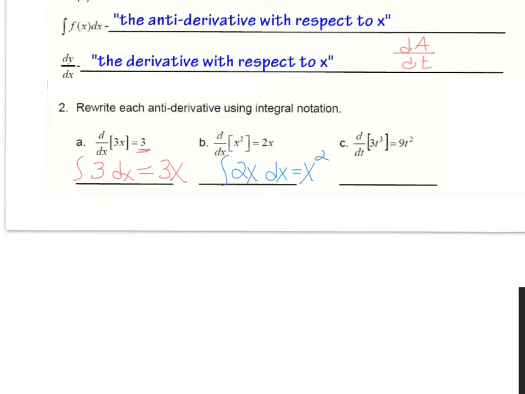So what this is saying is if 2x is the derivative, what was the original function? If 3 is the derivative, what was the original function? So again, for the last one, the integral of 9t squared dt, now there's no x's, is going to be 3t to the third.